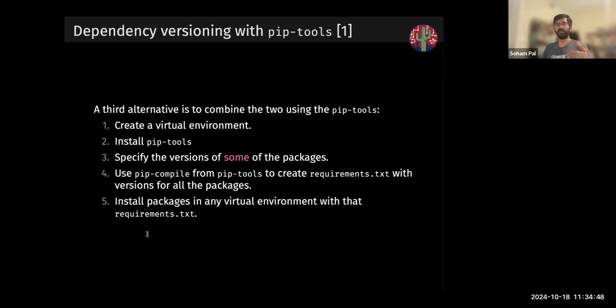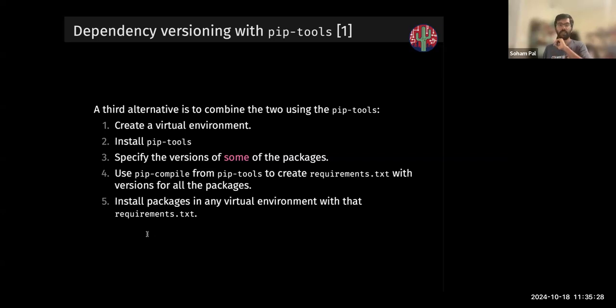After that, you tell the versions of some of those packages, and then pip tools give this function called pip compile, which will then find out the correct versions for all the packages that you would need. And then after that, you can use that file to install packages in any virtual environment.